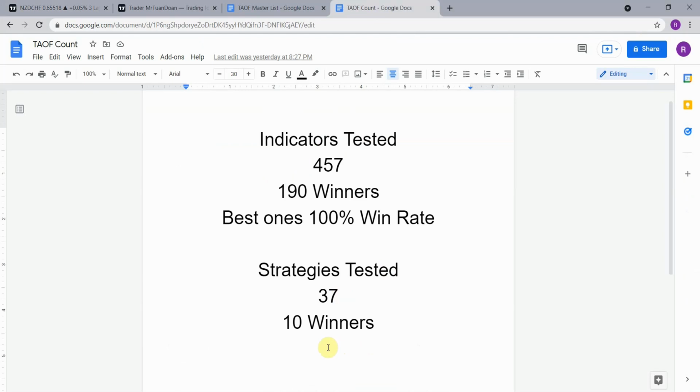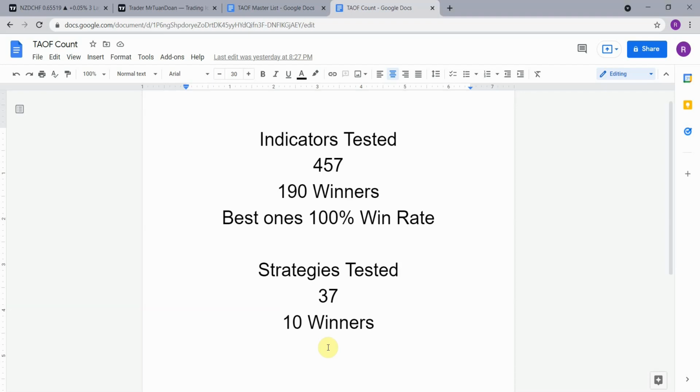We have also tested a total of 457 indicators, with 190 of them being winners. The best ones so far were able to achieve a 100% win rate. Now you need to go back and watch those videos to understand the context of how they were able to achieve that. So go back and watch those videos and see what you can get out of those winning indicators.